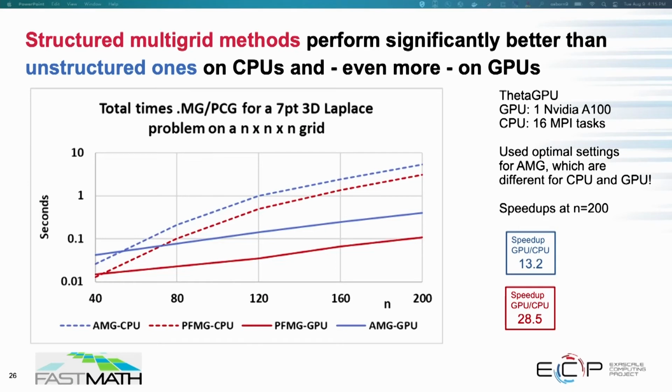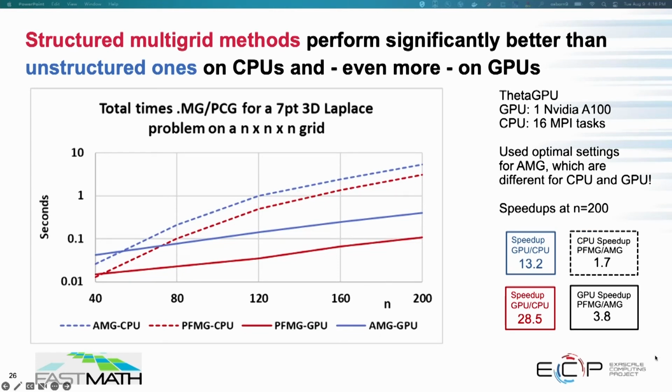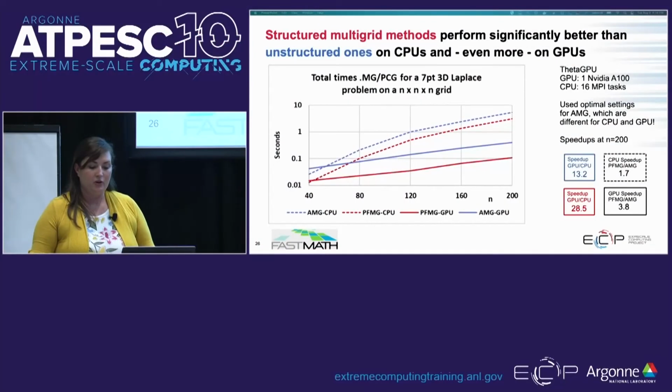So we see that the structured multigrid method performs significantly better than the unstructured on the CPU. And that speedup is even better when we start to consider the GPU. And those actual speedup numbers are listed here in the boxes. Just a few caveats though, as we are looking at this performance and in general when we're thinking about these weak scaling studies.